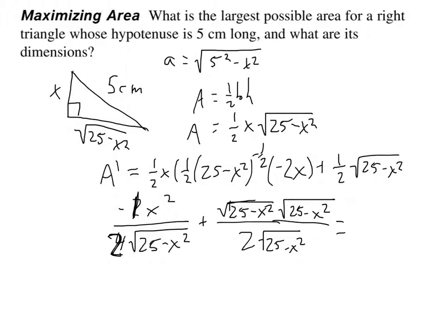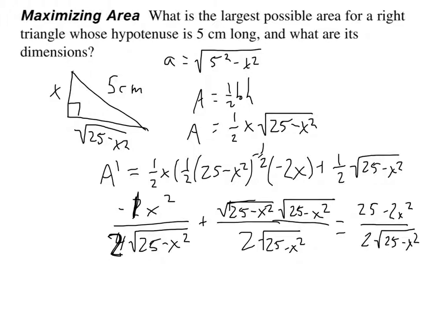That should simplify this to be, let's see, those two would make a 25 minus x squared without the square root sign, because you multiply the two together. With that other one, it would just be 25 minus 2x squared over 2 square root of 25 minus x squared.